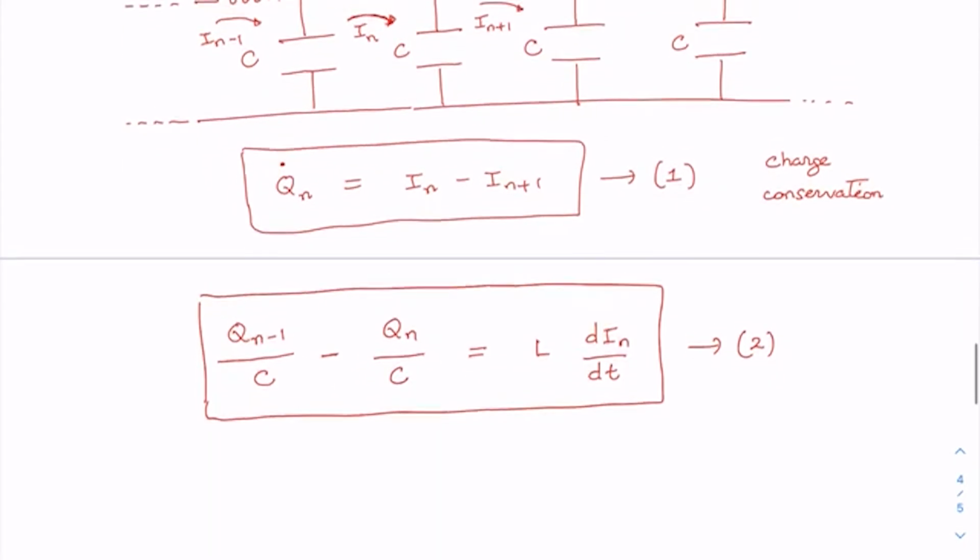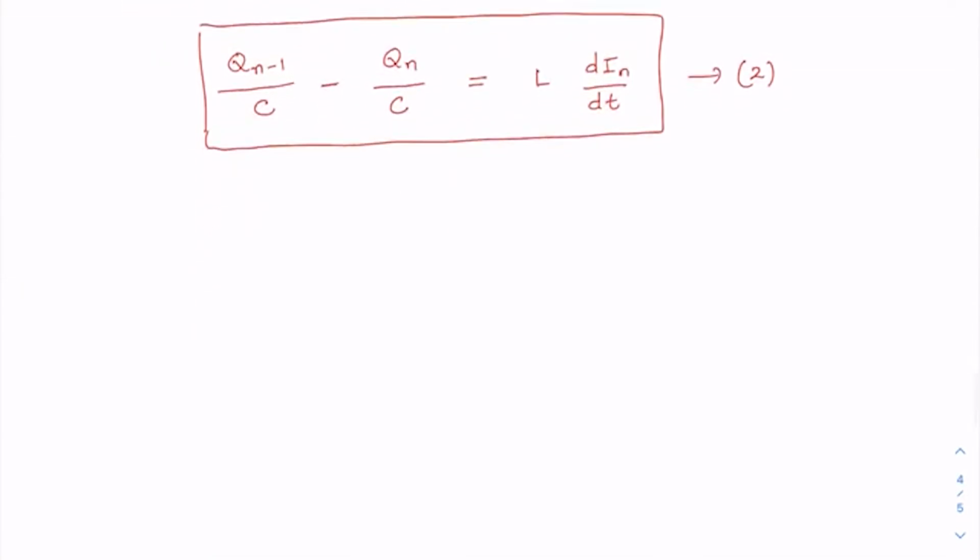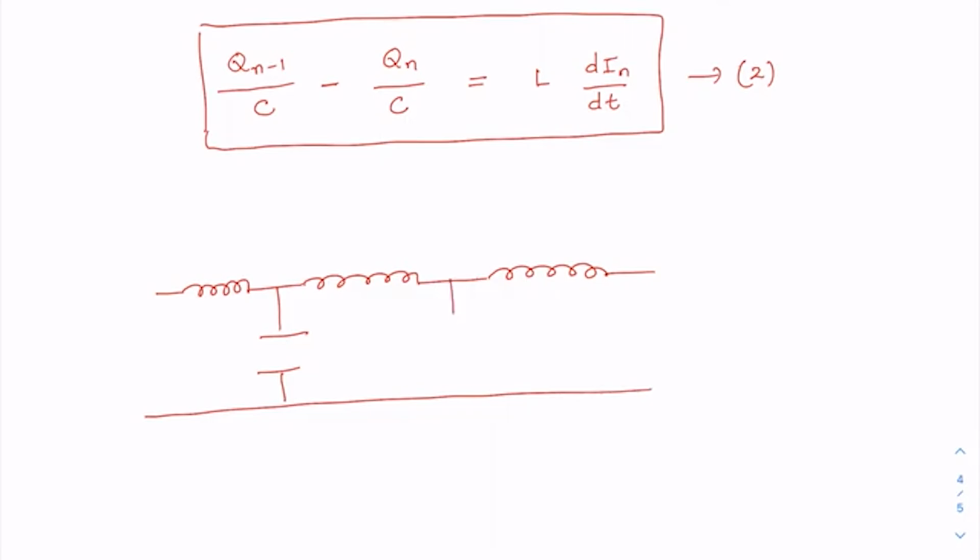Now let us see how these two equations appear in the continuum domain. To do that, let me draw the transmission line once again, this discretized version. I have the nth node, that is Qn here, and this is Qn minus 1.